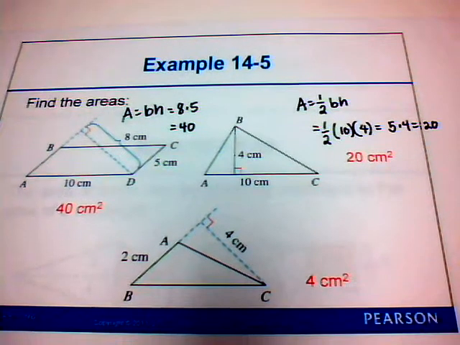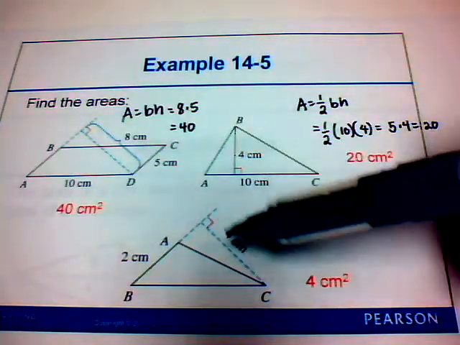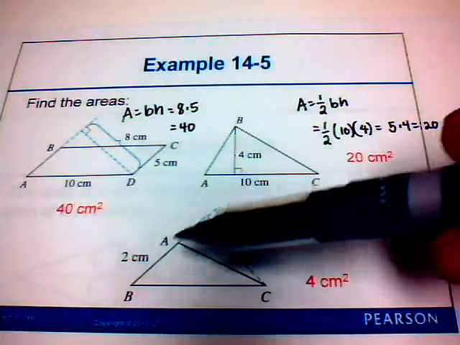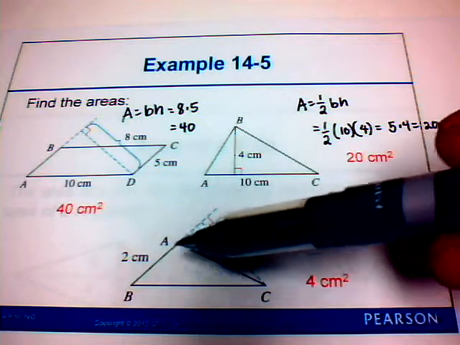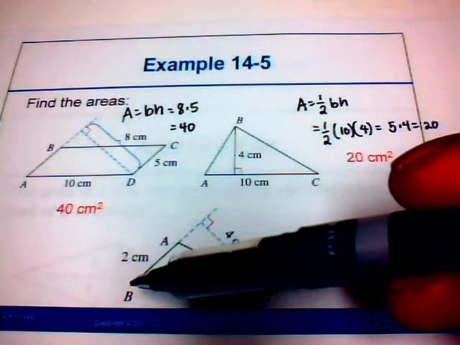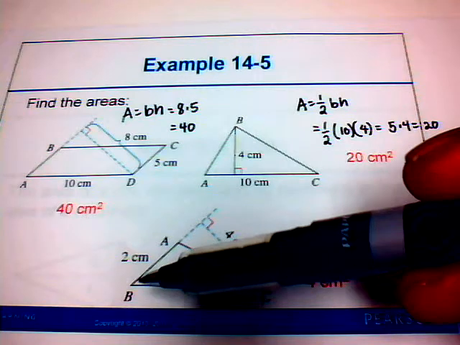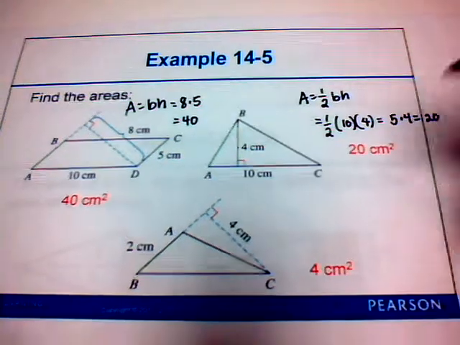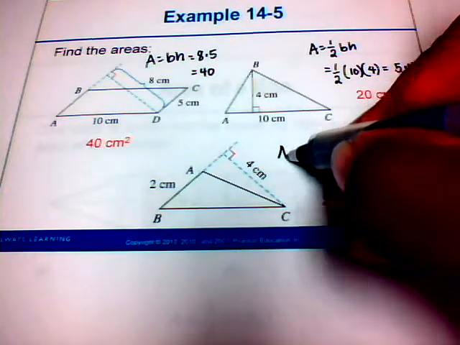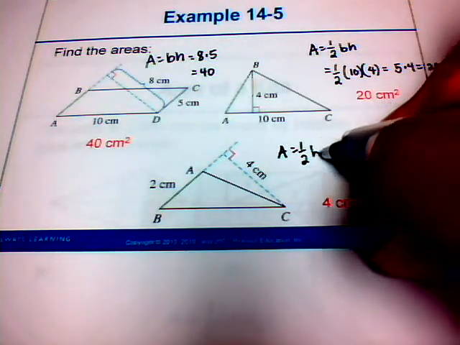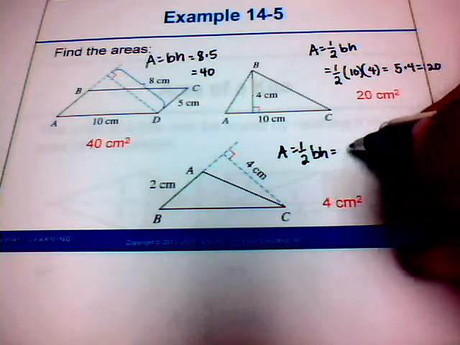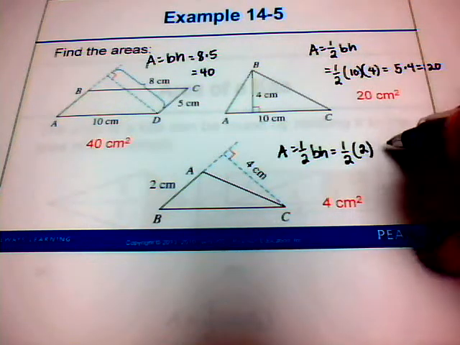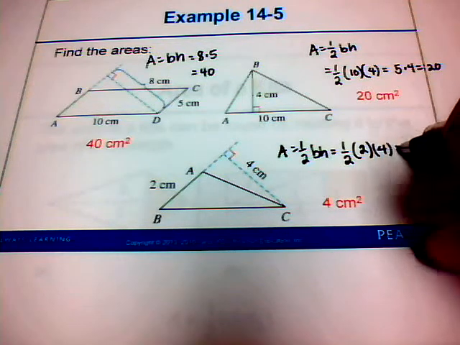And for the one on the bottom, now notice that the height is on the outside of that triangle. That height is 4. Here, the 2 centimeters where you have side AB, where this side has been extended, that will be your base. So the base is 2 and the height is 4. So again, the area is 1/2 the base times the height, which means you're going to have 1/2 times the base, which is 2, and the height is 4.